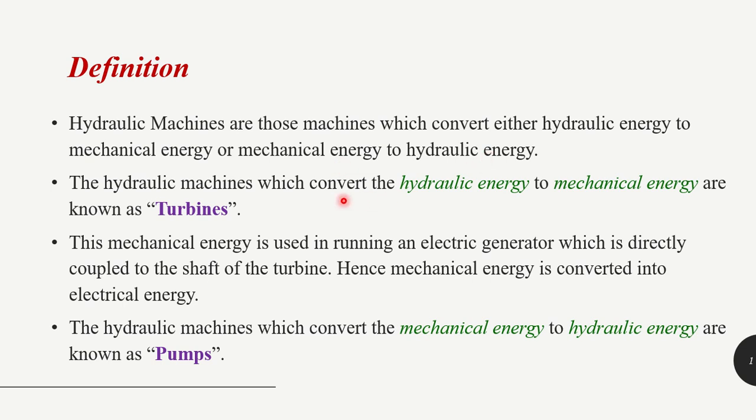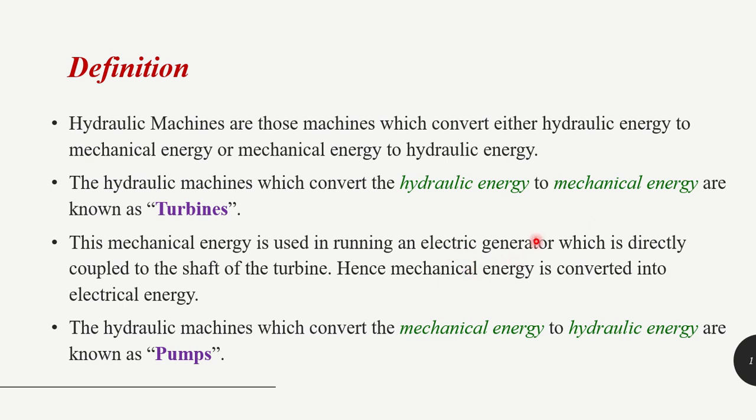Now, the hydraulic machines which convert hydraulic energy to mechanical energy are known as turbines. A turbine generally takes water as the input and gives mechanical energy as the output. This mechanical energy will later be converted into electrical energy with the help of a generator.